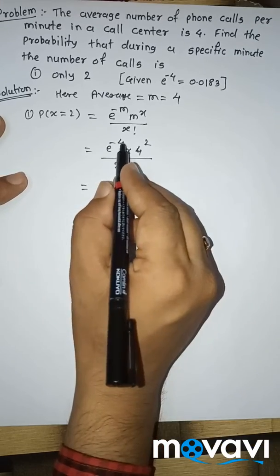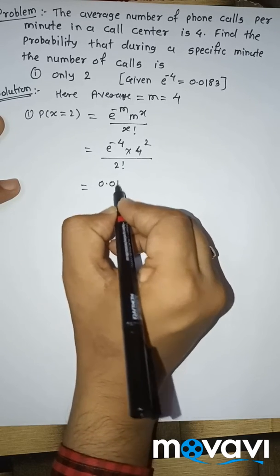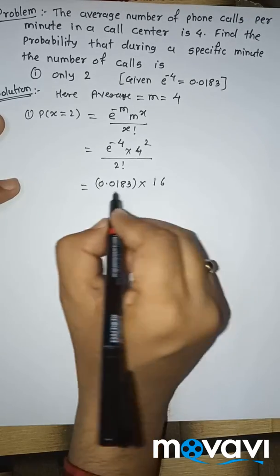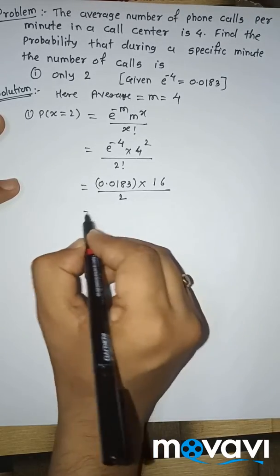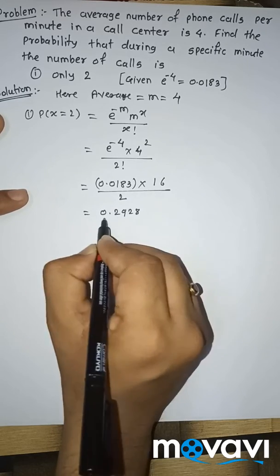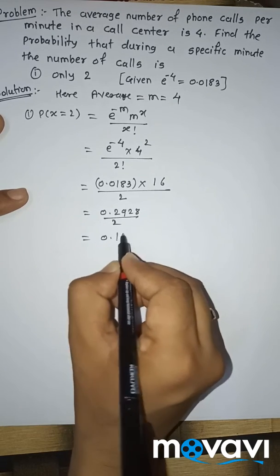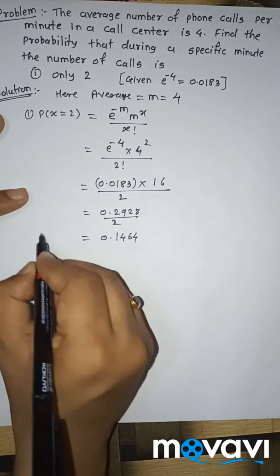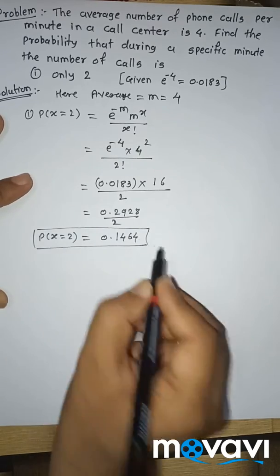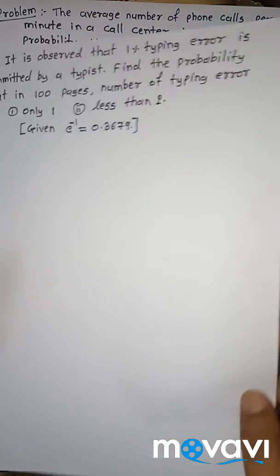Here e raised to minus 4 is 0.0183, therefore 0.0183 into 4 square is 16 upon 2. This is equal to 0.2928 upon 2 is equal to 0.1464. Therefore probability of x equal to 2 is 0.1464. Then we take next problem.